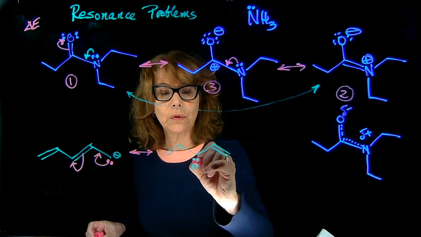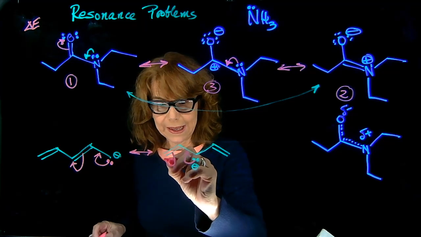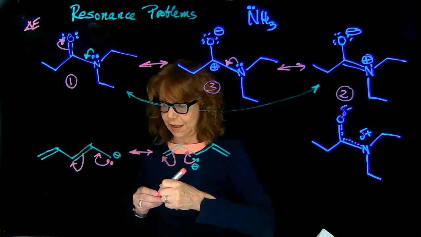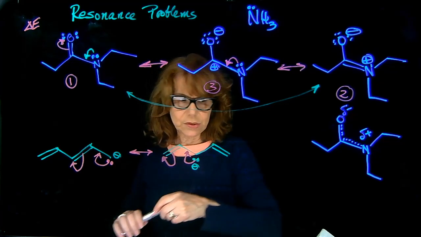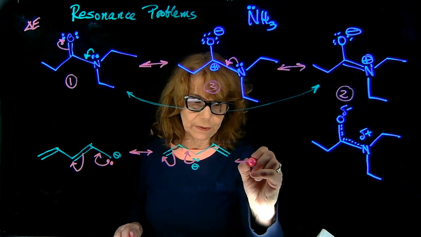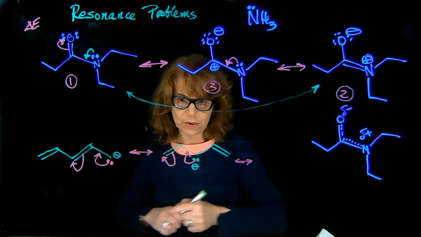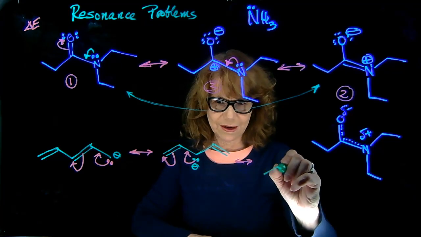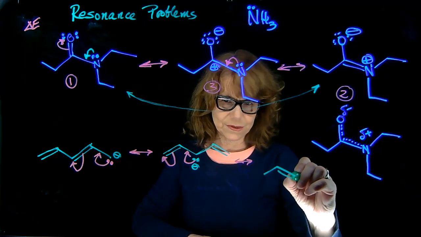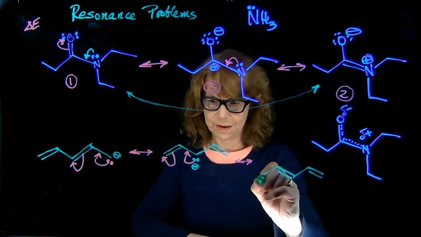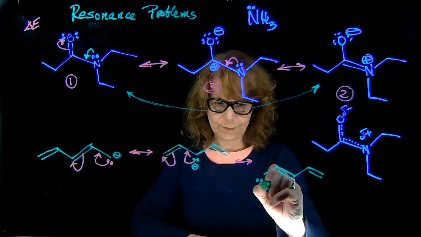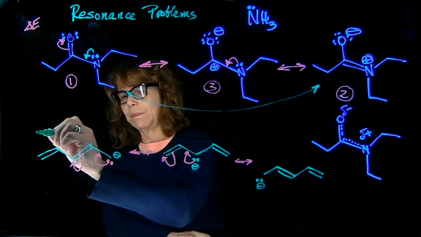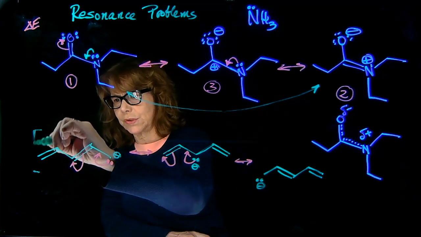So I can move those electrons over and put the charge at the end carbon. That way I will give the following resonance structure. I'm going to do it a little lower. So here I have this. So now I have my resonance structures.